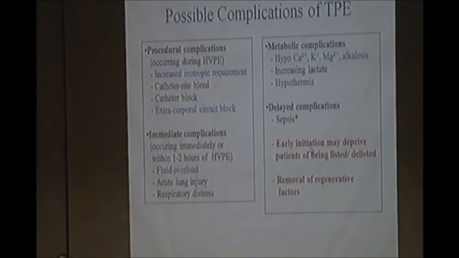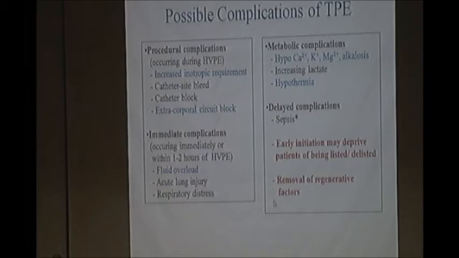Once we decide on a therapeutic plasma exchange, we don't leave any scope for listing or delisting the patient. Now, if the patient is improving, his liver is improving, we have no way to actually know that the patient is improving. And once we have taken a decision for liver transplant, I think we have to go ahead with that. So that option of listing and delisting goes away.